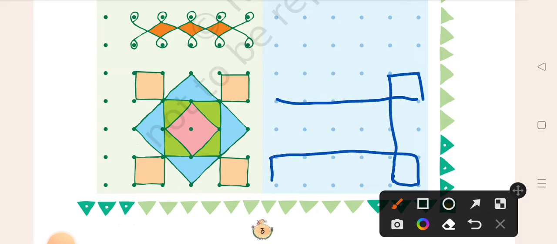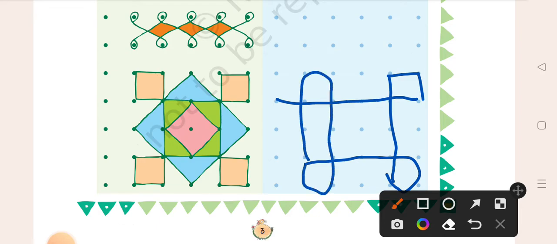The pattern will look like this. We have made the above pattern. The pattern will look like this. Sorry, the pattern is wrong.